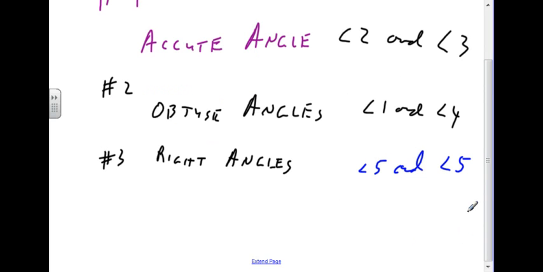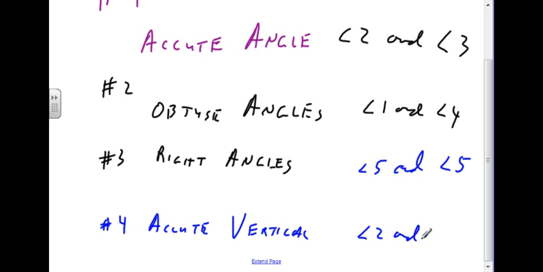Name 2 acute vertical angles. I want them to be acute and vertical both. I don't have much of a choice. I have 2 and 3 again, unless I label something else, which I'm not going to do.